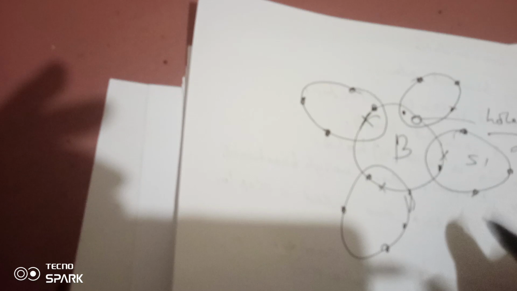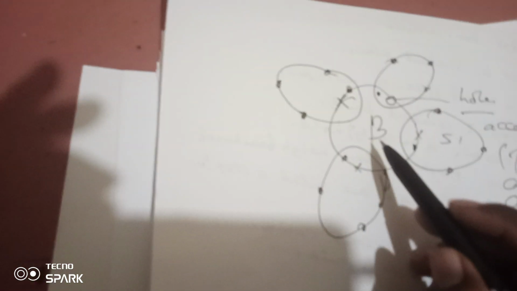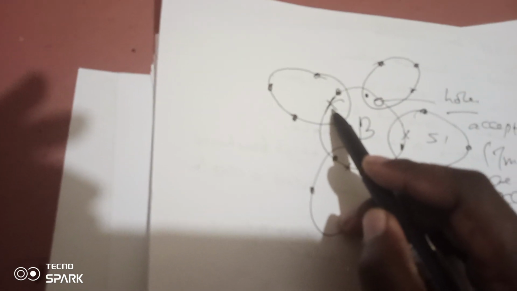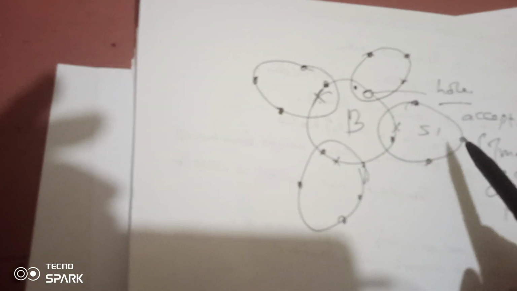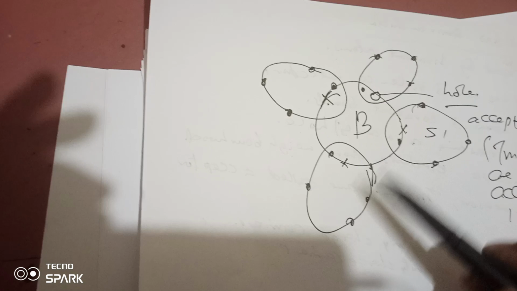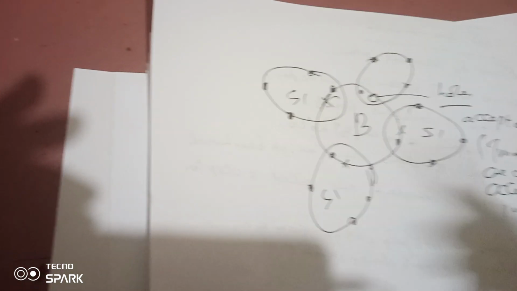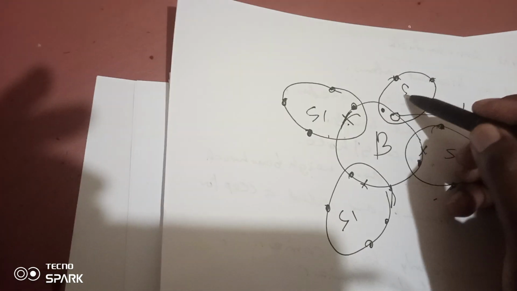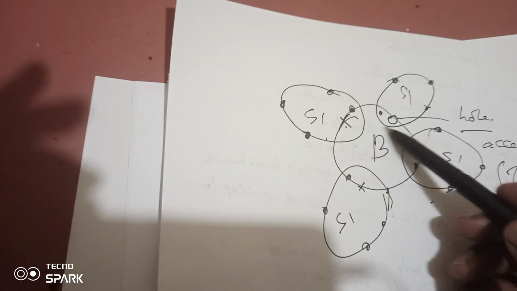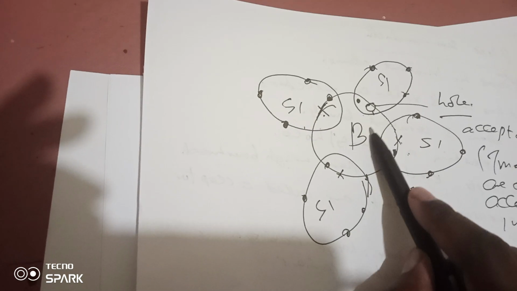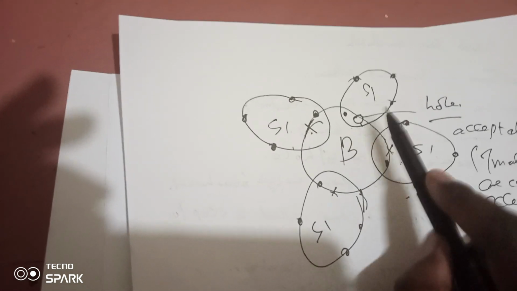When you are drawing the diagram, for example using boron, you must know that it has 3 valency electrons. So when they are bonded with silicon, the first electron will bond with this one, the second will bond with this one, then the third will bond with that. But the fourth silicon, if it's trying to bond, there will be a hole here, because boron can only have 3 to bond with.